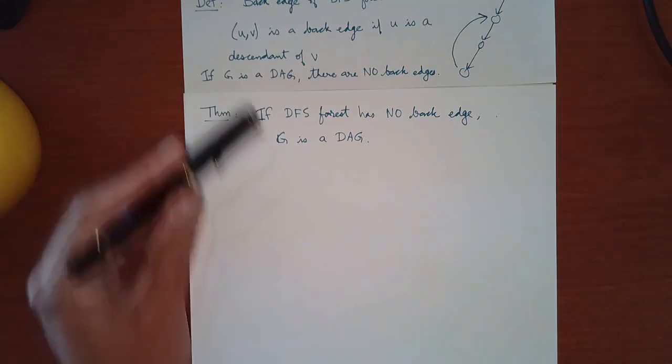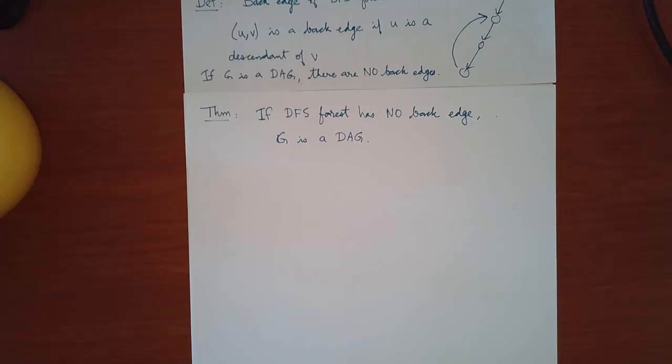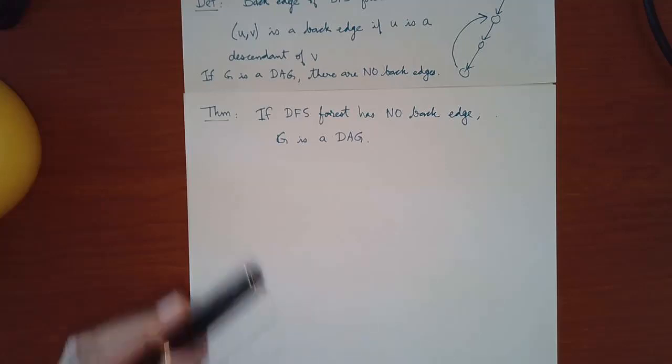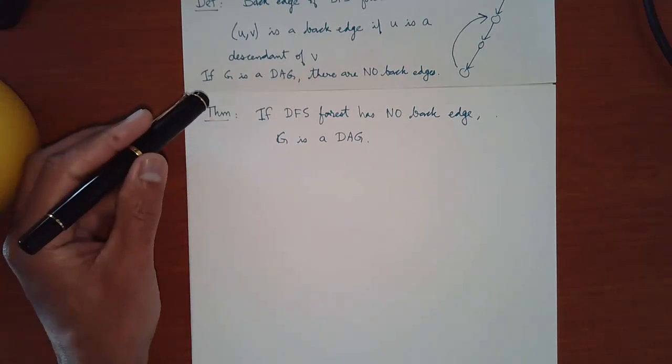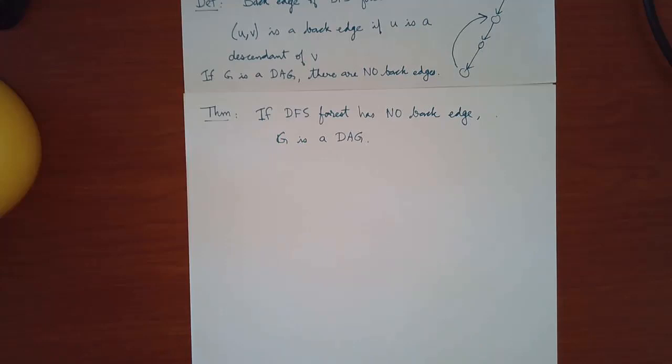This is just to give you an example in this context. I'd like to say something over here. For example, I could say: if the graph has one edge, then the graph is a DAG.